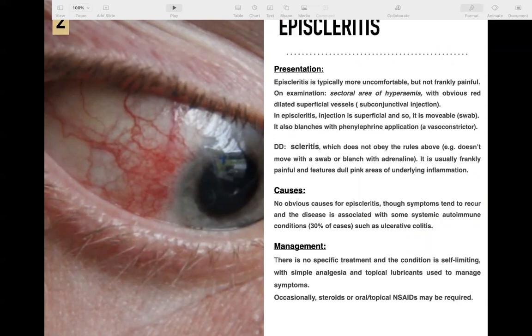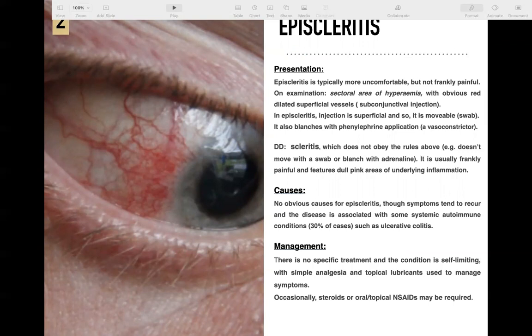Episcleritis is typically more uncomfortable, but not frankly painful. The patient will complain of discomfort, but not pain. On examination, you will find a sectoral area of hyperemia, with obvious red dilated superficial vessels.